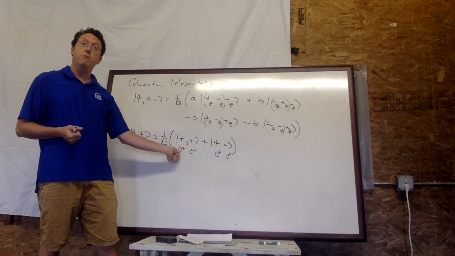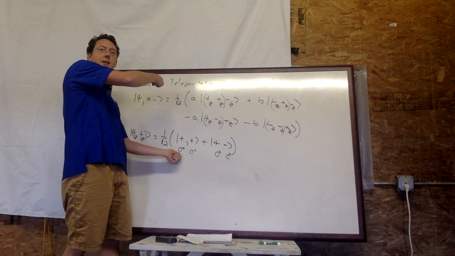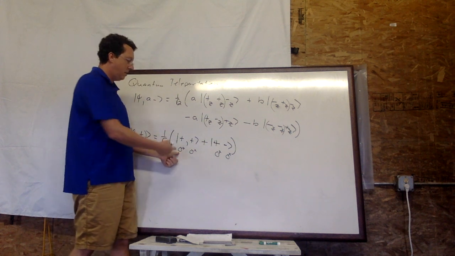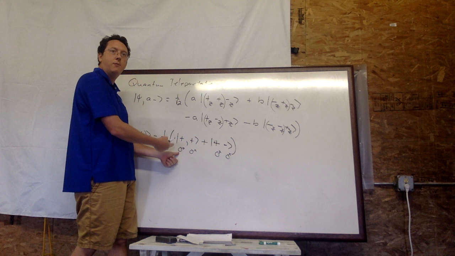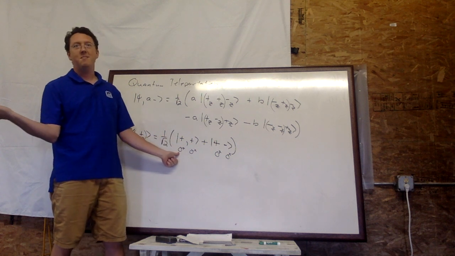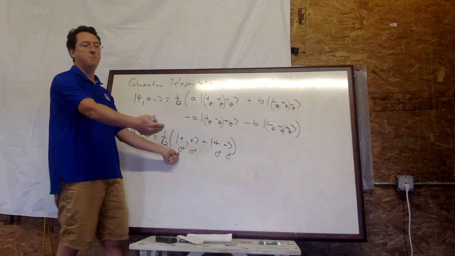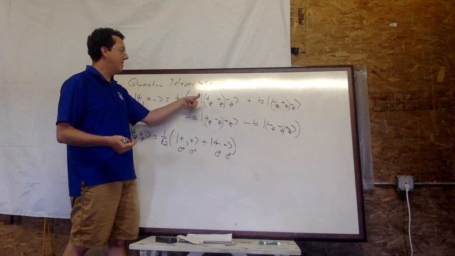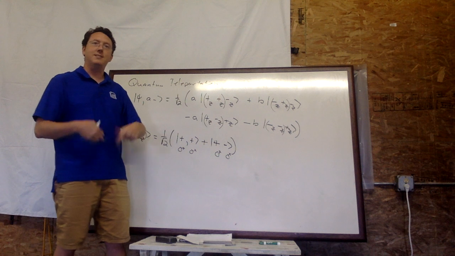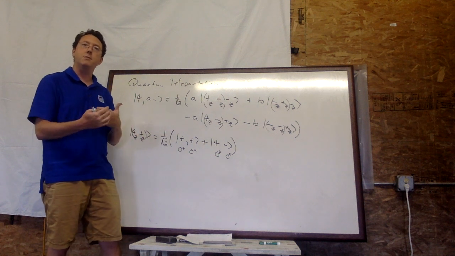So she wants to rewrite the old state in a way that lets her pick off information in terms of the basis she's going to measure in. If you're going to make a measurement in some basis, you typically want to rewrite the state in that basis so that you can see what happens.